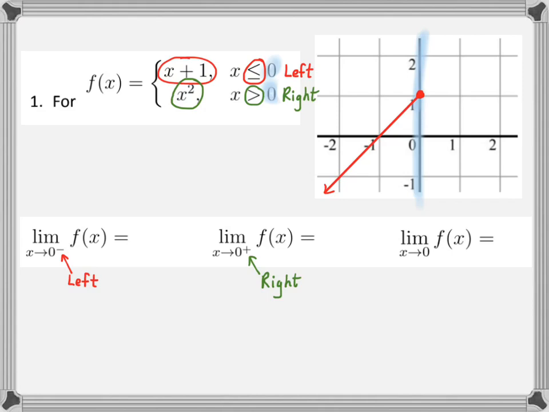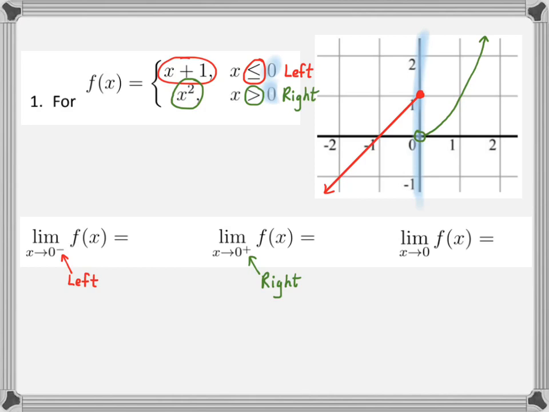So x squared is our basic quadratic function, a parabola. It's going to start at 0 and have an open circle because there's no equal sign underneath the greater than sign, and follow the basic parabolic trajectory through the coordinates (1, 1). Okay, we've got a graph.